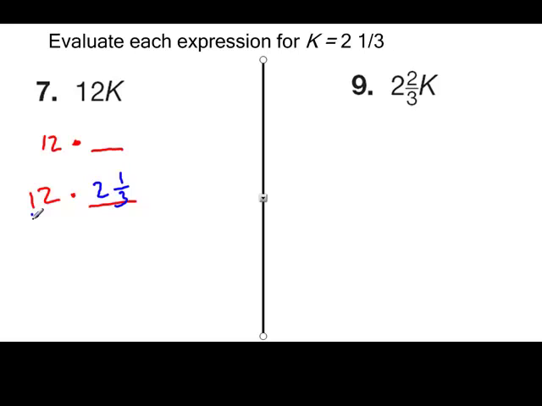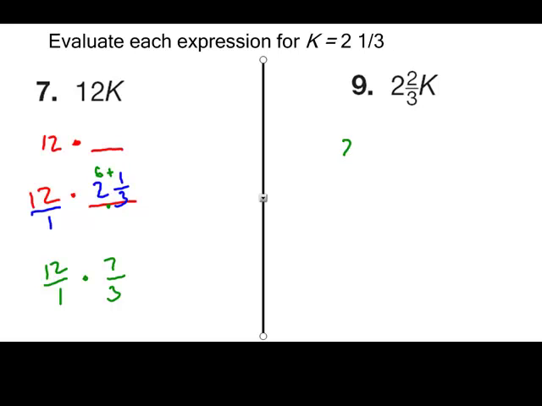We turn 12 into an improper fraction, 12 over 1, so now we have 12 over 1 times 2 1/3. We change that into an improper fraction, so 2 times 3 equals 6. 6 plus 1 equals 7. So we have 12 over 1 times 7 over 3. Then we multiply and simplify. Same thing happens over here on problem number 9.